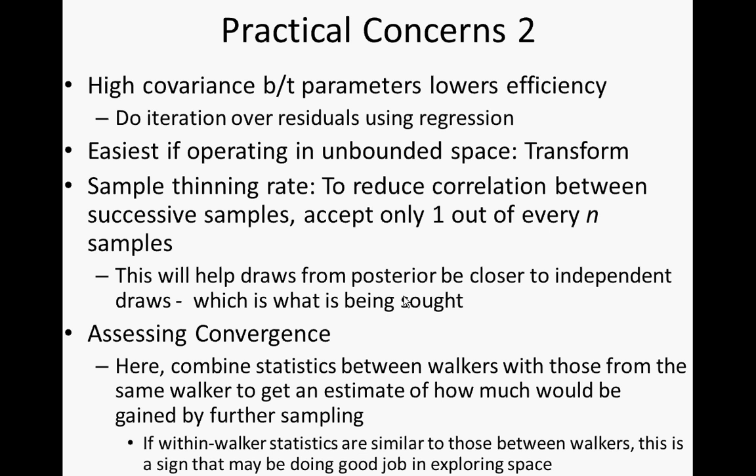Many algorithms for implementing Markov chain Monte Carlo that you could ride atop, such as the wonderful R libraries, such as the Metrop1R in MCMCpack, either presuppose or make it much easier if you're operating in unbounded space.